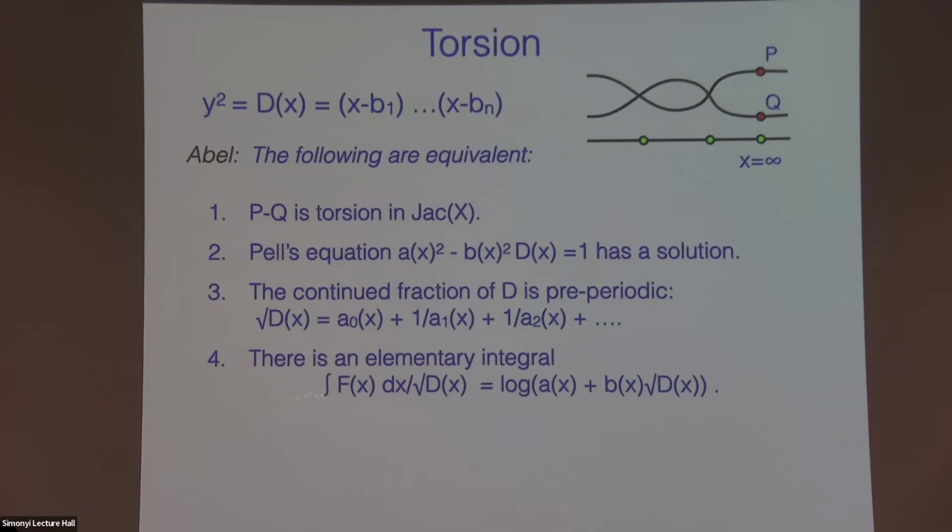And Abel's interest in this was that in the case where you have torsion, you can find a polynomial f of x such that this apparently difficult looking integral can be expressed in terms of logarithms and an algebraic function of x. And finally, all of these things are equivalent to saying there is a unit in the coordinate ring of the affine part of this curve x. Okay, so this is the part of Abel's work that I think deserves to be better known.